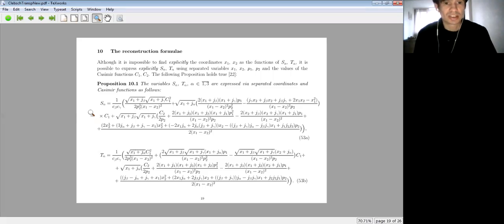So we see that the reconstruction formulas are profoundly asymmetric in the variables x1, x2, p1, p2. In particular, here we have everywhere radicals of x1 plus iota alpha, x1 plus iota beta, etc. But x2 enters in a rational manner.